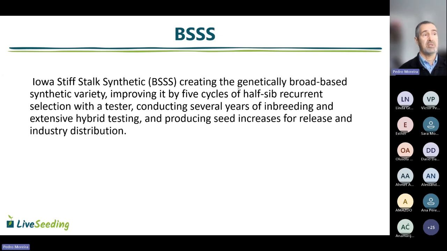It was created with a genetically broad-based synthetic variety, improving it during 5 cycles of seed recurrent selection with the tester, and conducting several years of inbreeding and extensive hybrid testing, and producing seed that increases for release and industry distribution. So this is a real example that is used almost in all the temperate zones for resistance in terms of stalk.